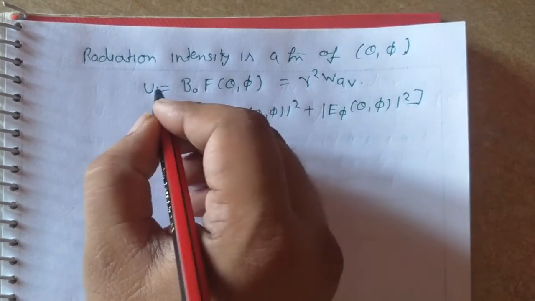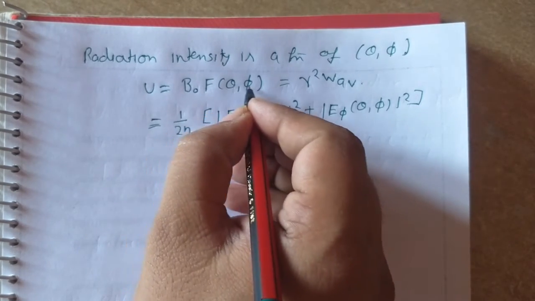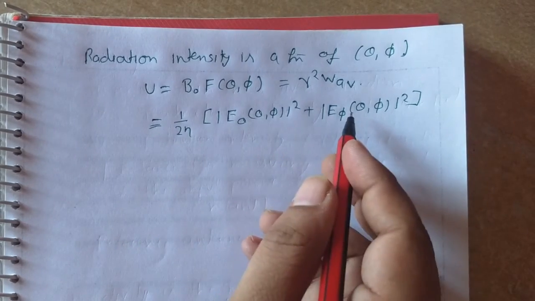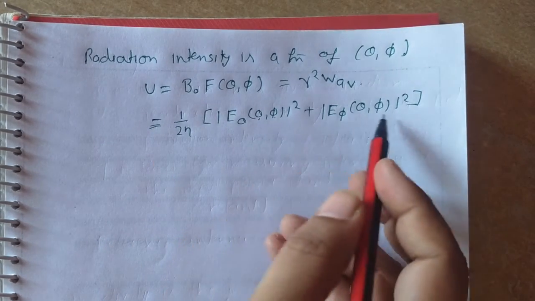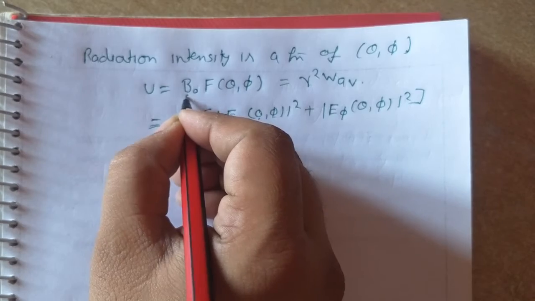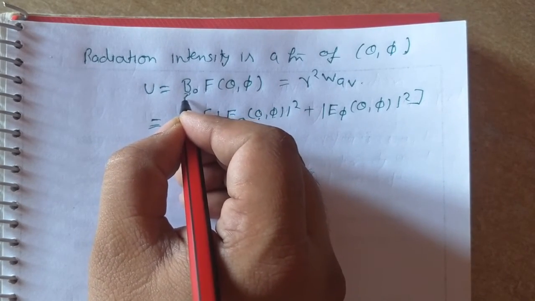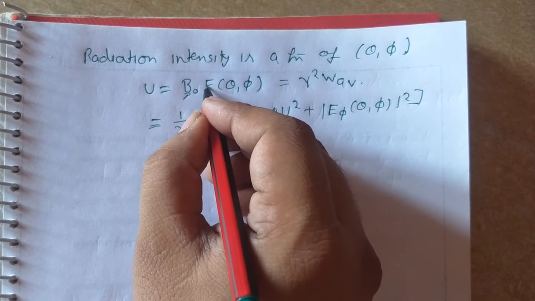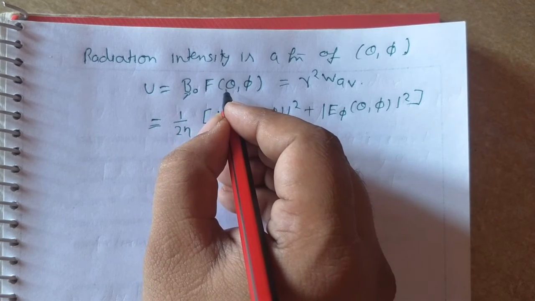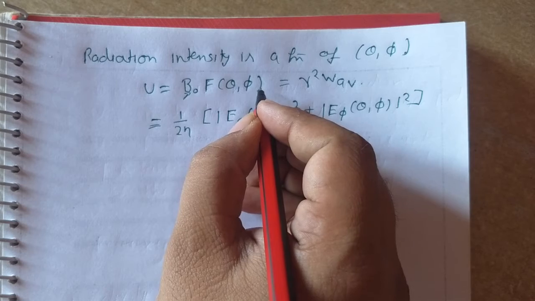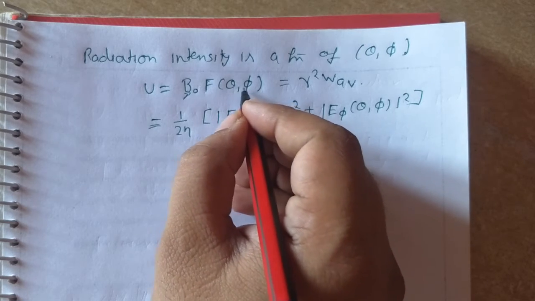So U is a function of theta and phi. You can see here in this expression U is a function of theta and phi. So we have some constant here. This is a general term. We have some constant B naught and a function term which is a function of theta and phi, a functional relation with theta and phi.